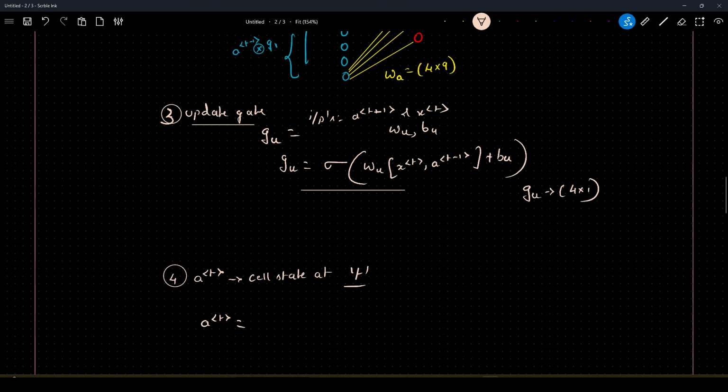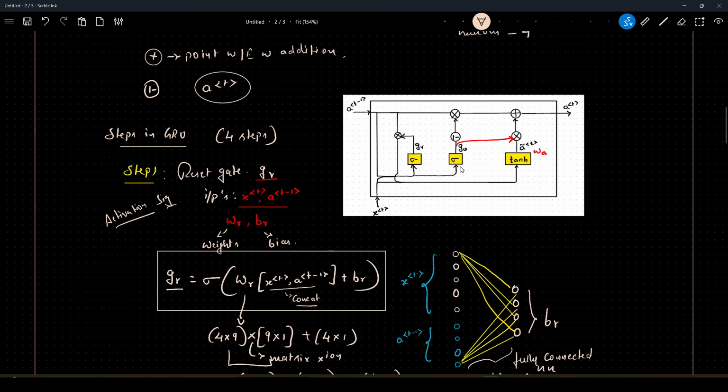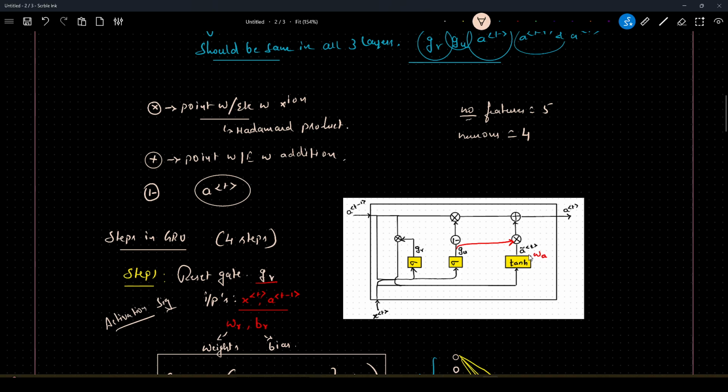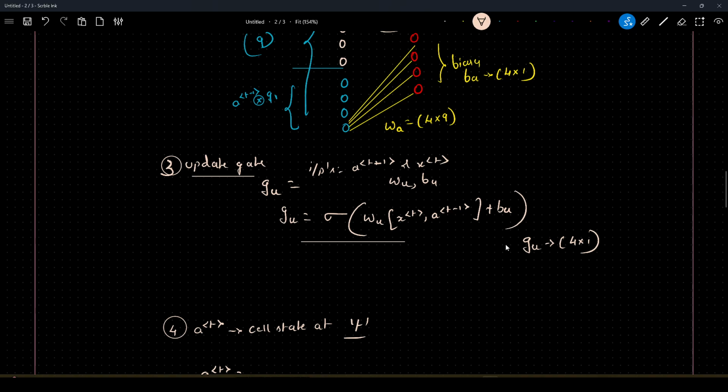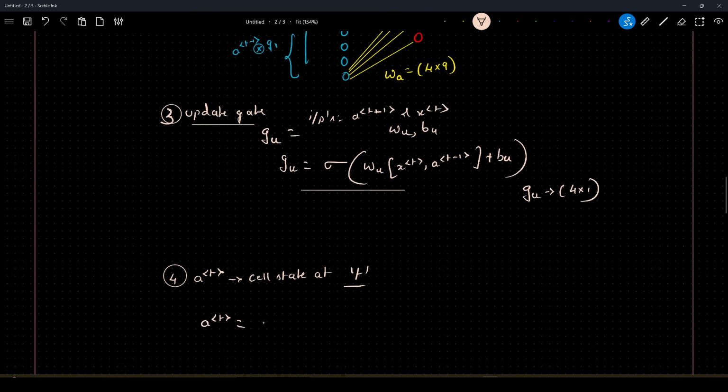Let's take a look at the figure once again. Here, we are taking A bar t as one input, and GU as another input. Let me first write the inputs.